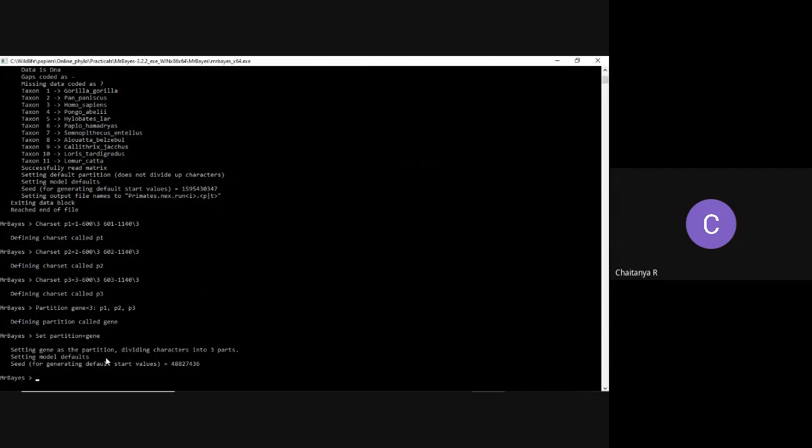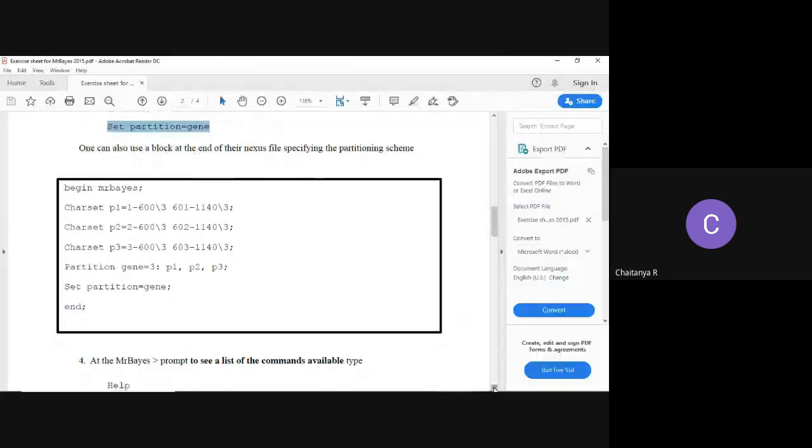So MrBayes assumes that you're not going to assign models for these partitions. So it's basically setting some default models. And the seed for generating default values is some random seed.